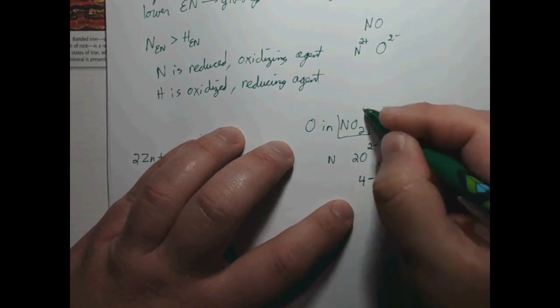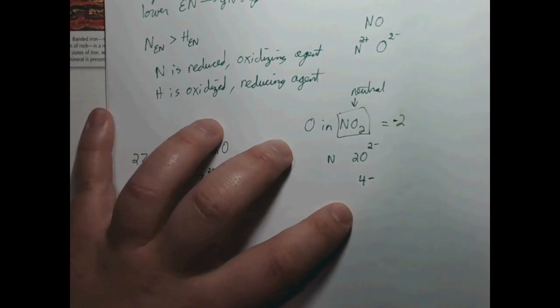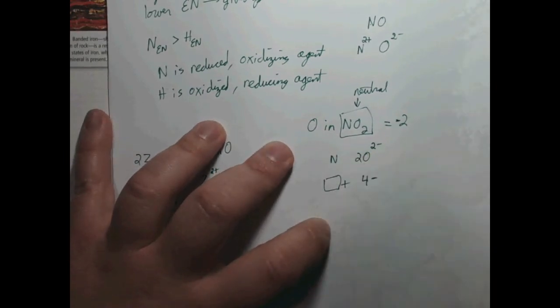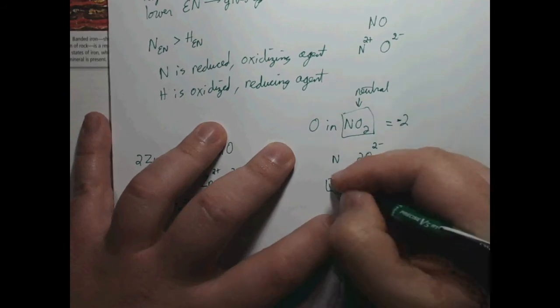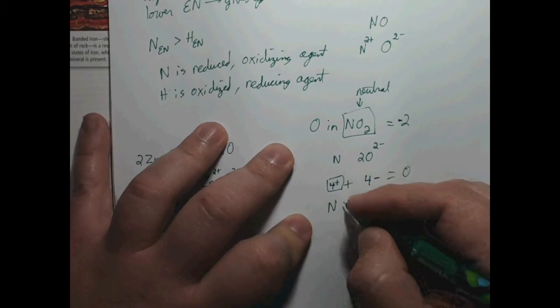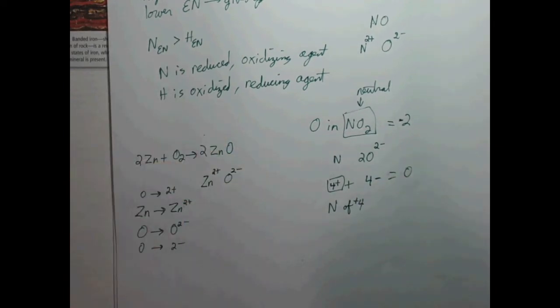But this is neutral. In order for it to be neutral, this plus nitrogen's number has to add up to 0. So that means this is a 4 plus. Nitrogen here has an oxidation number of plus 4. Okay?